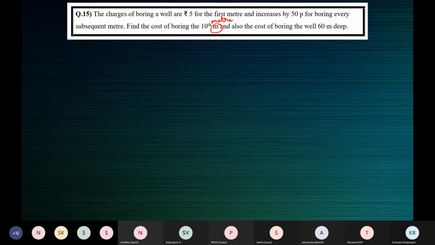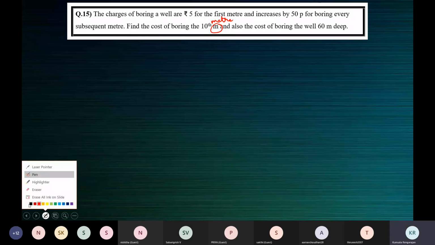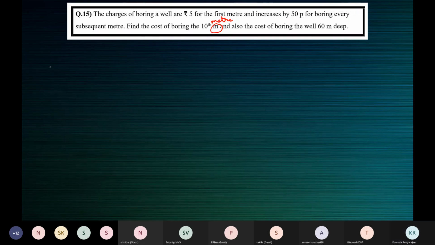Let's see. So, what are the terms of the AP, Sabarigirish?